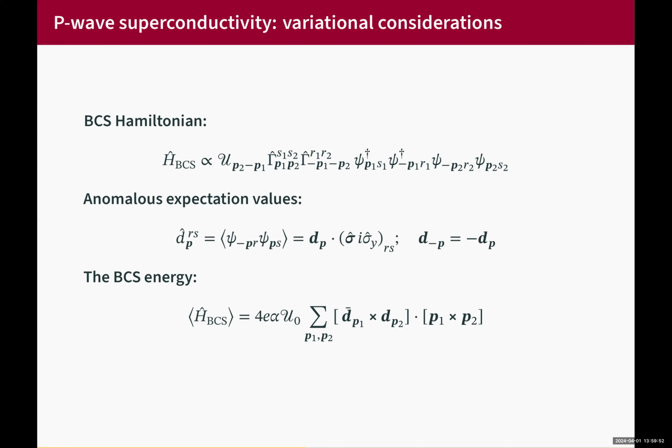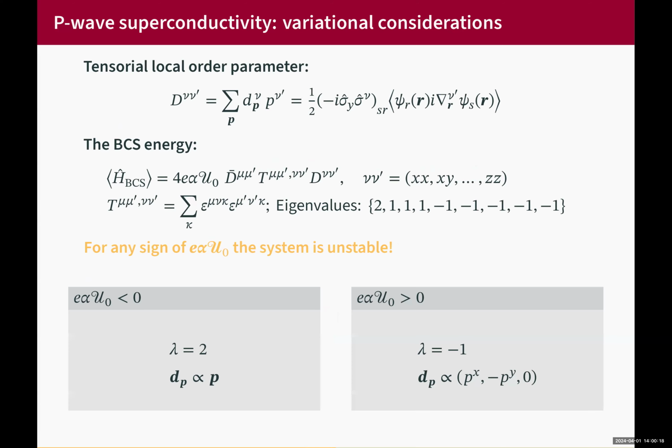But what is important here is that the instability for the short-range interaction occurs already for infinitesimally small alpha, because the short-range Coulomb interaction does not contribute to the p-wave pairing because of symmetry. So if this becomes negative, we get an instability in the Cooper channel, and this is exactly what happens.